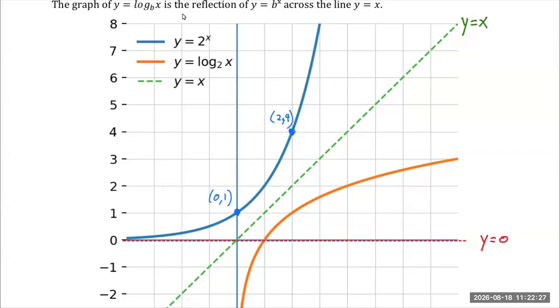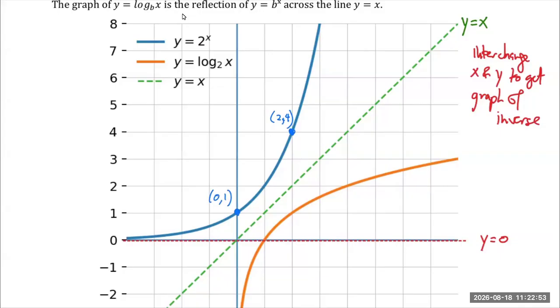In other words, when you flip across the graph y equal to x, we're going to interchange the x and y values to get the graph of the inverse. So let's flip each of those points one by one.